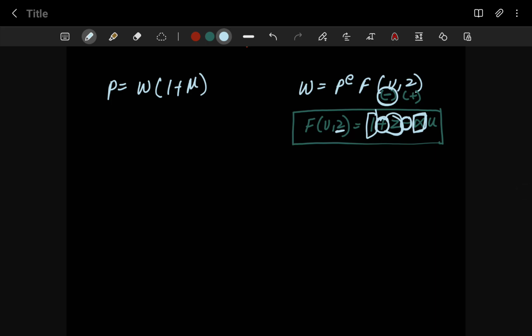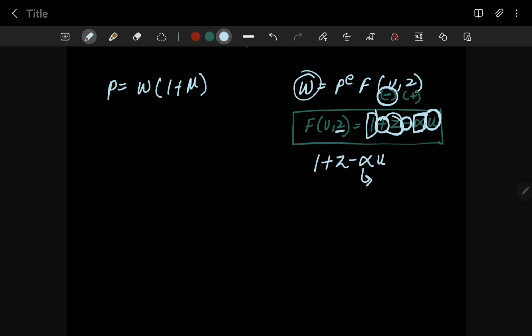The difference that is being created due to unemployment on your wage. So 1 plus Z minus alpha U measures the effect of unemployment on wage.